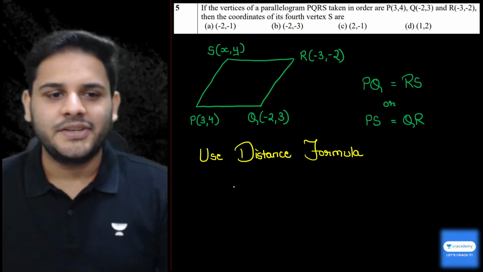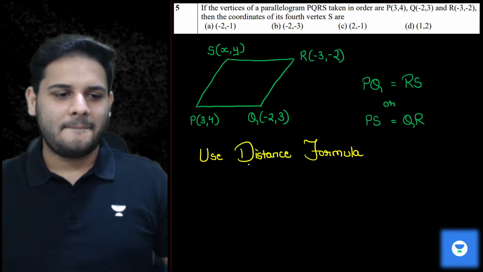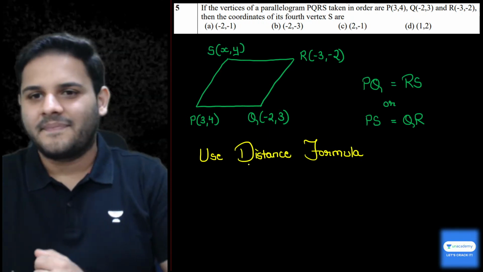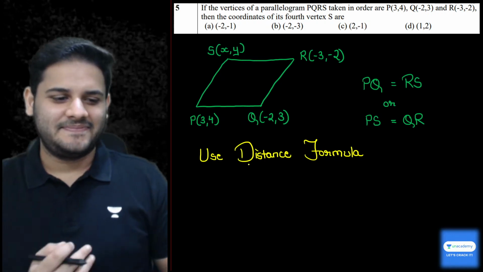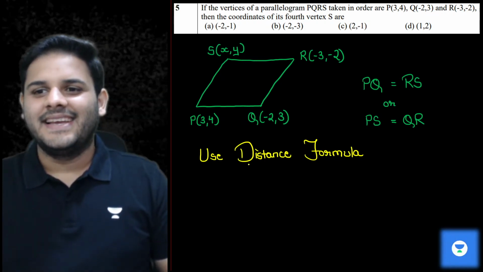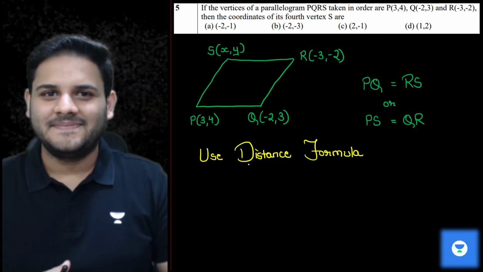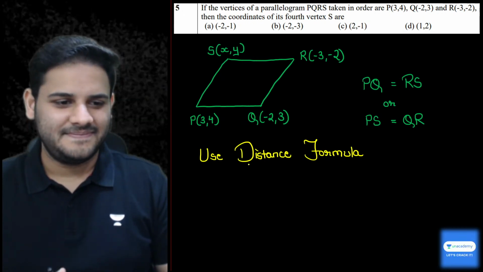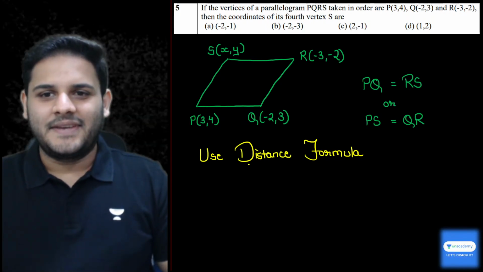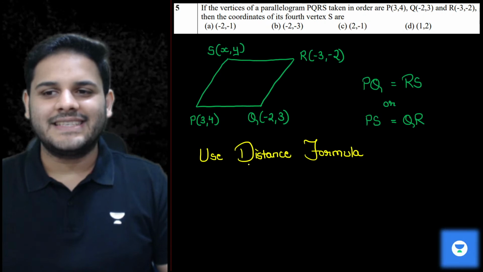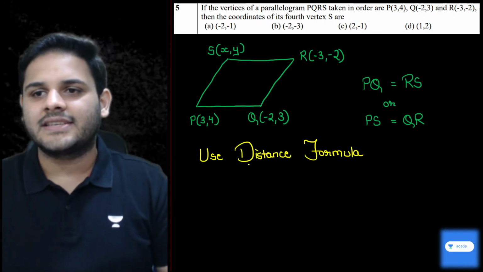So guys, you have to just use your distance formula. Sort it out quickly. Okay, PQ is equal to RS and PS is equal to QR. You have to find X, Y.